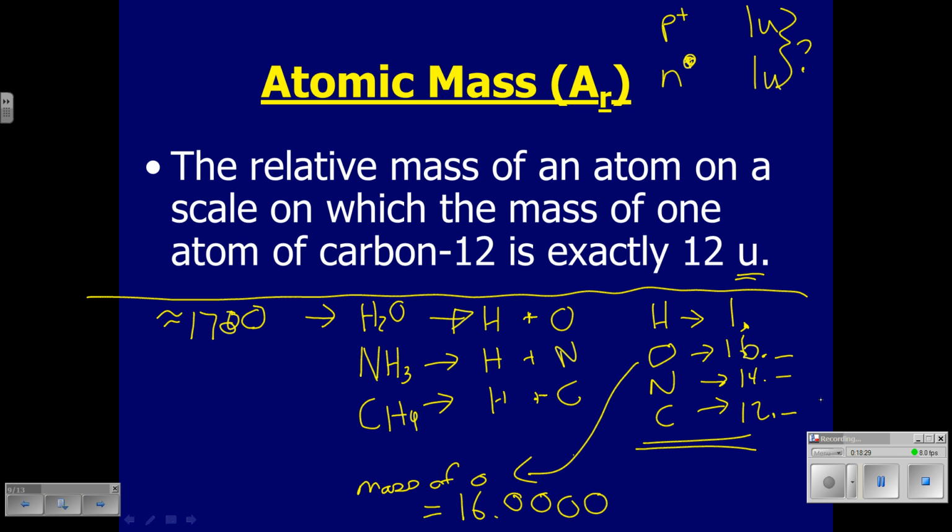Now, as chemists learned about atoms in more detail, they discovered that there were isotopes. What that means is that there were different types of carbon, that there was a carbon that had a mass of 12 and a mass of 14, and there was an oxygen that had a mass of 16 and maybe a mass of 17.